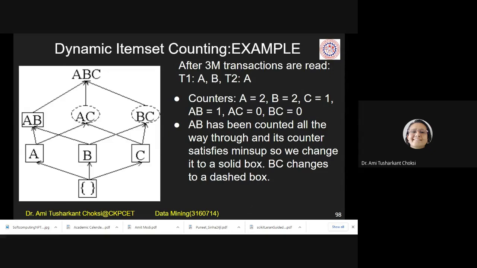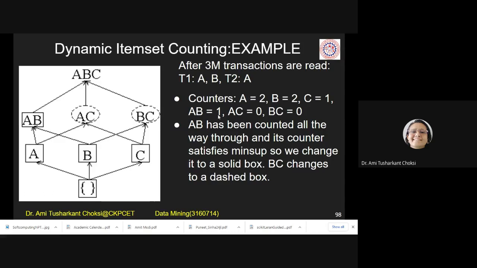So we'll now not increment the count for one item sets, but now we will consider the two item sets because this is the second pass of transactions, right? So now, as we are counting A, B, we'll increment the count of item set A, B.